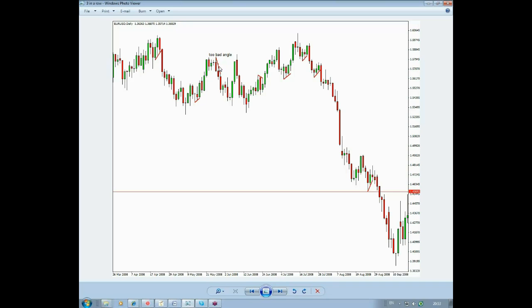Once it breaks the line, 5, 6 pips below the line, we enter for selling. 5, 6 pips above the line, we enter for buying. But the main important thing is the 3 in a row.